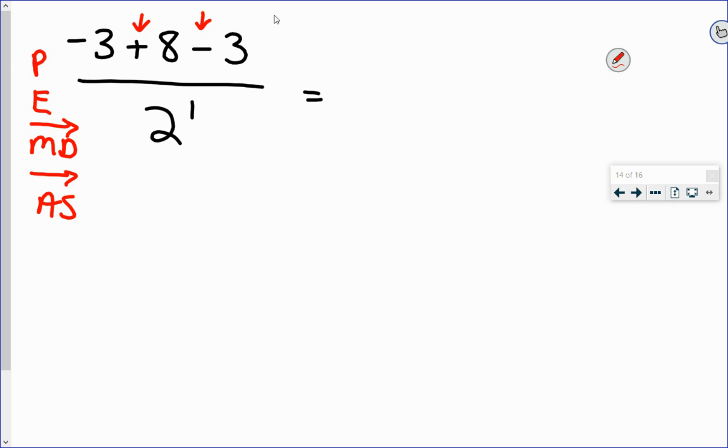So -3 plus +8. I have more positives than negatives, so my answer has to be +5, minus 3, 2 over the first power. Now what's left to do on the top is 5 minus 3, which is 2, to the first power.